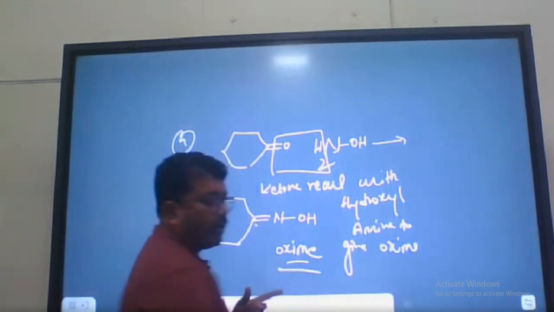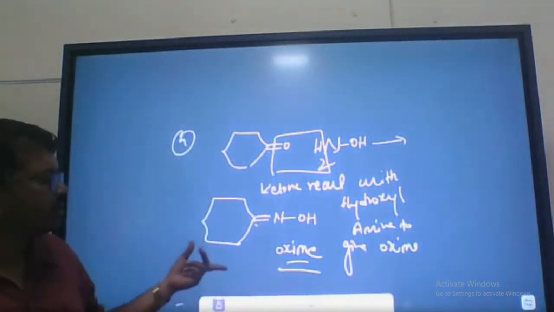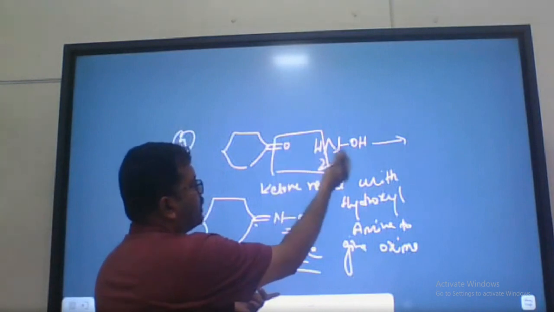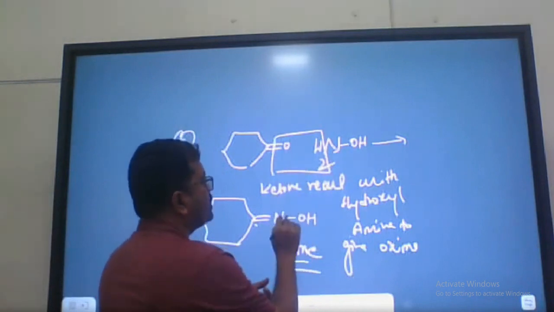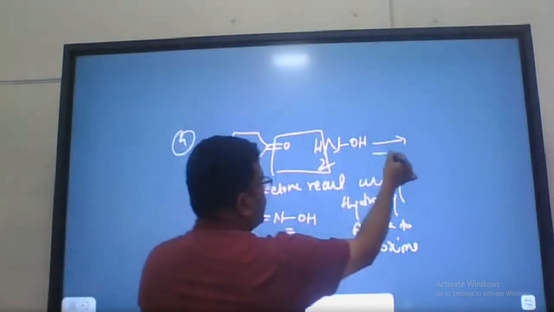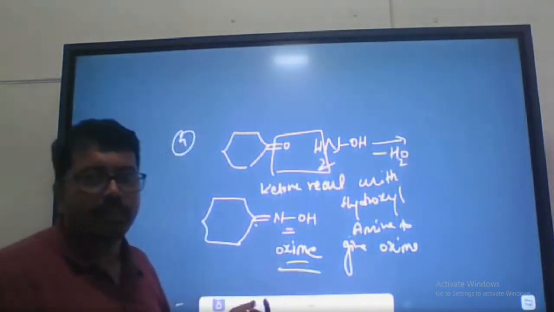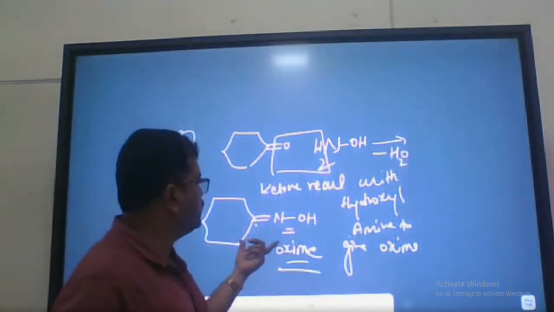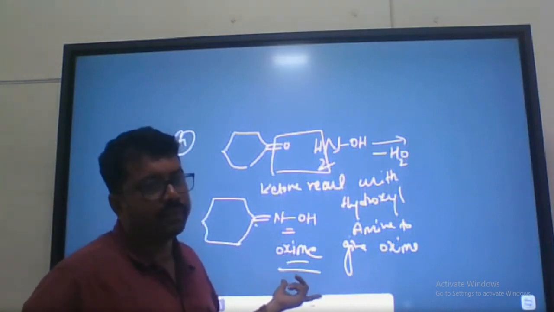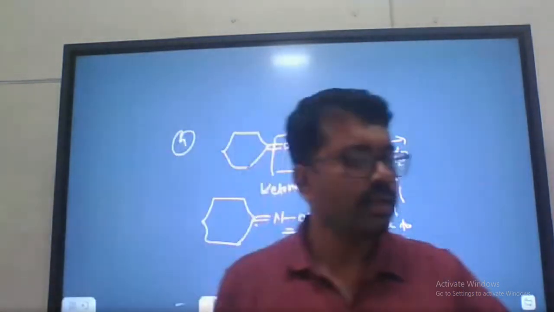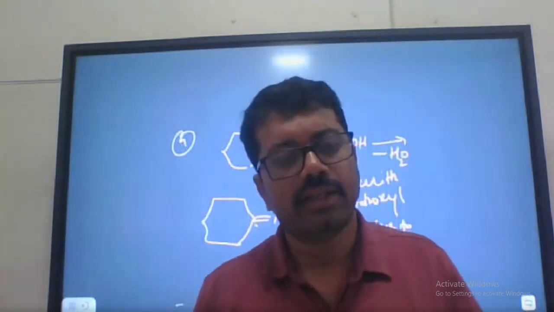Oxime. Ketone reacts with hydroxylamine with elimination of what? With elimination of H2O gives oxime. So this actually completes the unit 6.